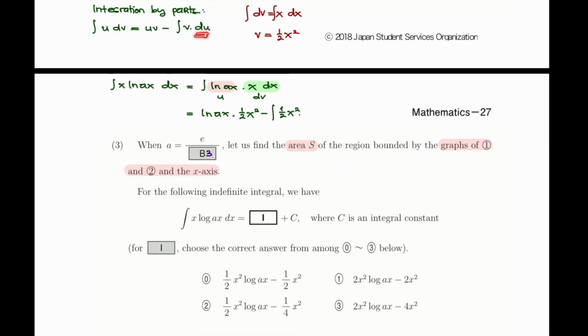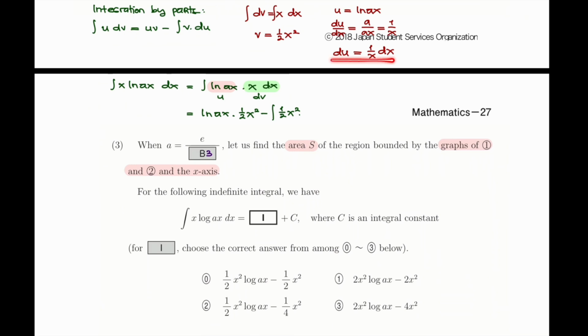How to find du? Basically, du is the derivative of u. Since u equals ln ax, if we differentiate it, we will get a over ax, which is 1 over x. Then du equals 1 over x dx.